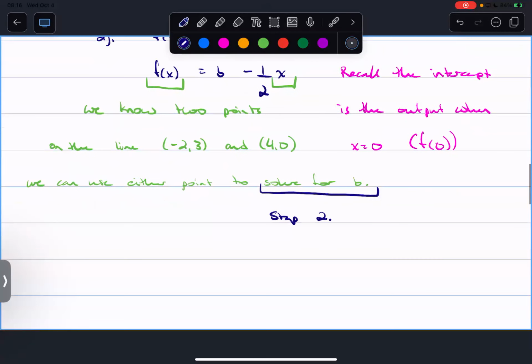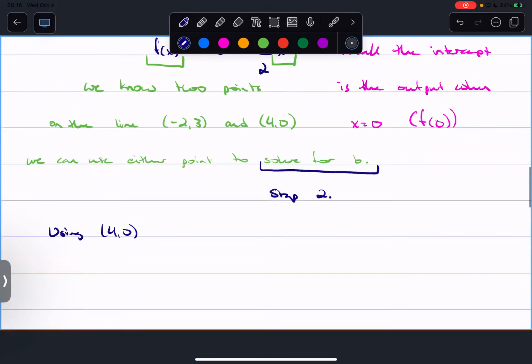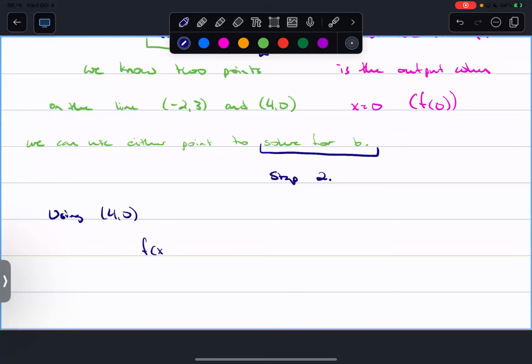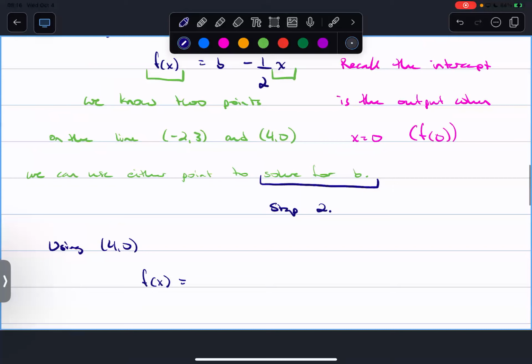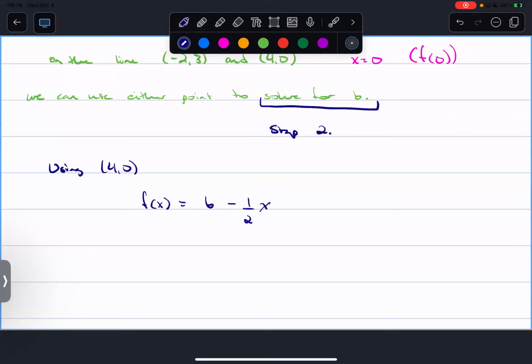Okay. Using 4, 0. You can try it with the other point, that's fine. I'm going to start with f of x equals b minus 1/2 x. So when x is 4, f of x is 0. All right. So here we go.